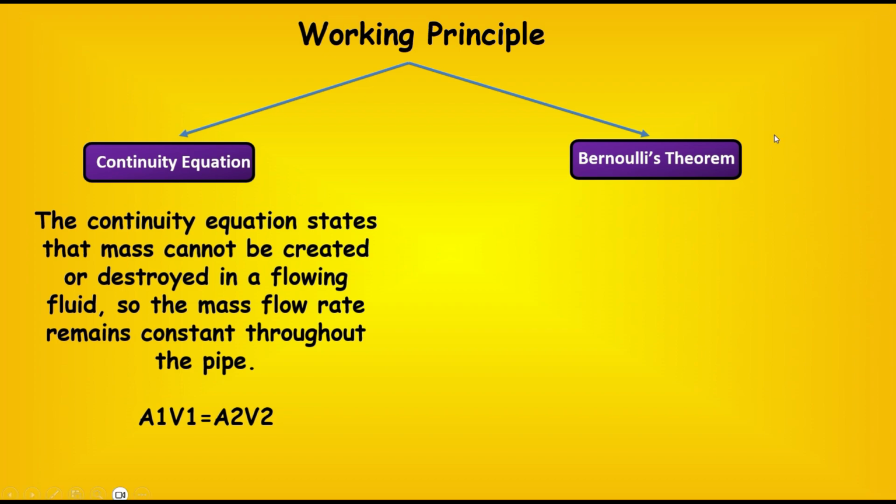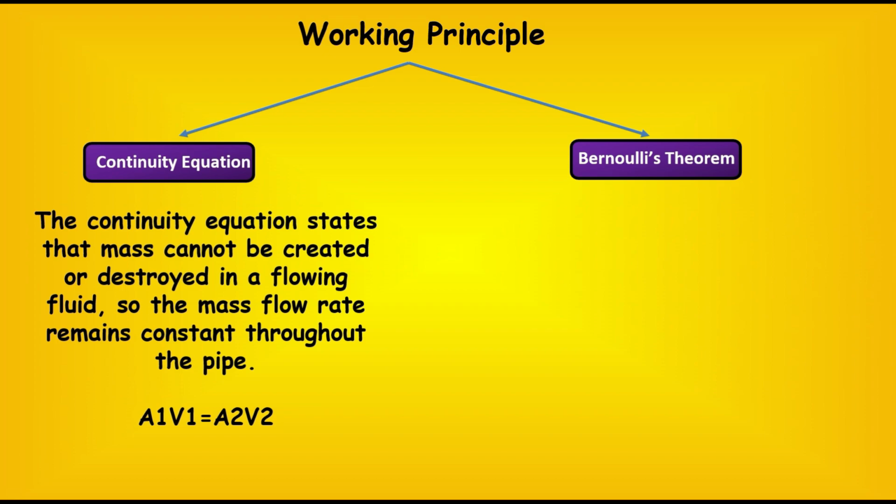It states that in a flowing fluid the total energy remains constant, but it can change form between pressure energy, velocity energy and potential energy. In simple words, when velocity increases, pressure decreases. When velocity decreases, pressure increases. This is exactly what happens in the Venturimeter. As fluid speeds up in the converging section and reaches the throat, velocity goes up and pressure comes down. This pressure drop is what we measure.